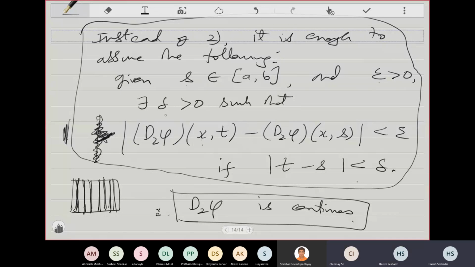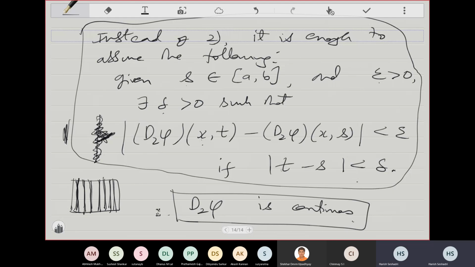Yes, the same delta has to work at all x. Exactly, that's the point. The same delta, given S, this should hold.